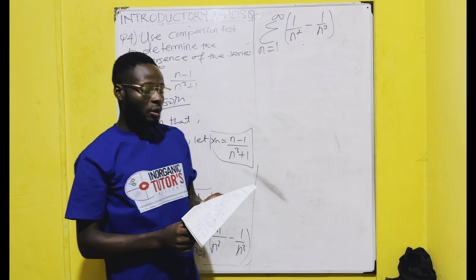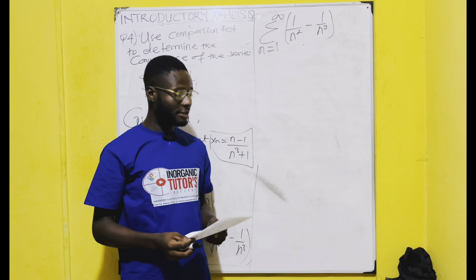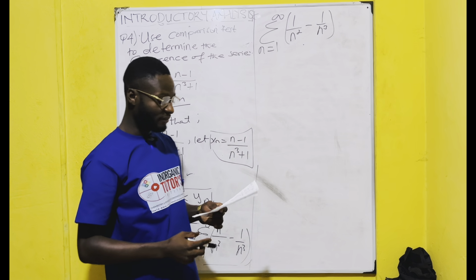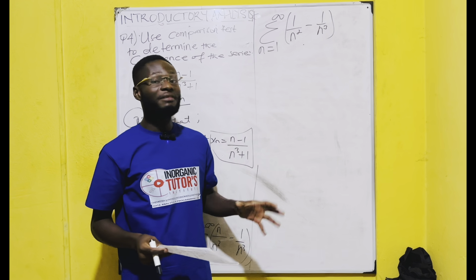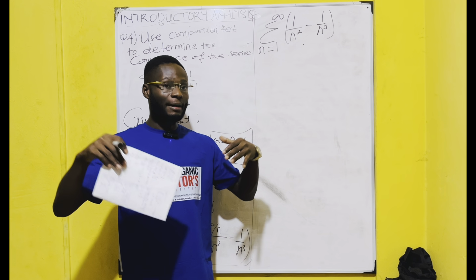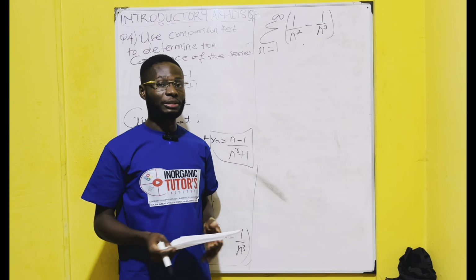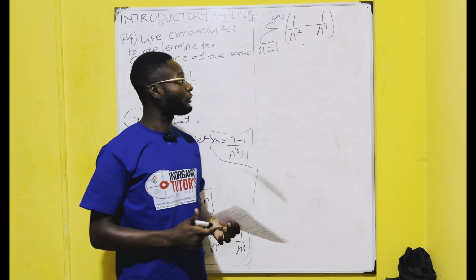Right, so now we have been able to simplify the series. So we can split the series. Always, whenever you have two series in a bracket, just try to simplify it. Split it so that the work becomes much easier for you.